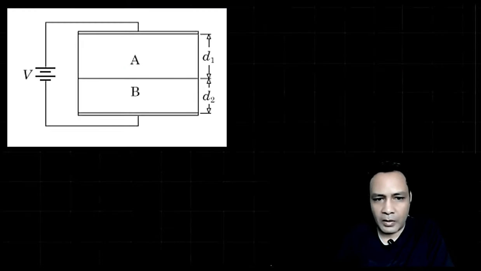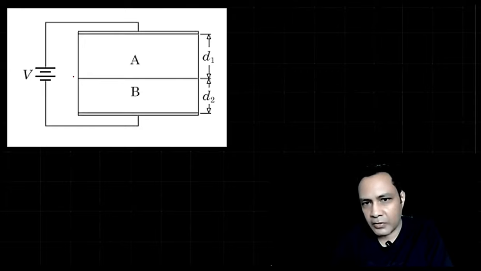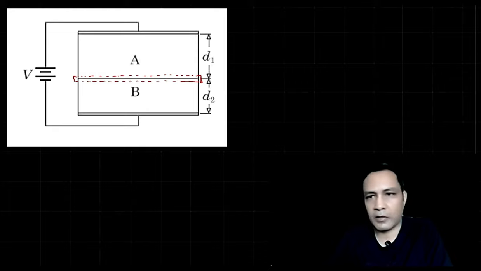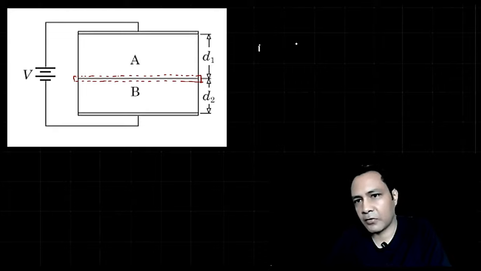Here I take a very small Gaussian surface, with a very small distance on this side and a very small distance on this side of the region. That is my Gaussian surface. If I make a diagram, the Gaussian surface would be something like this.